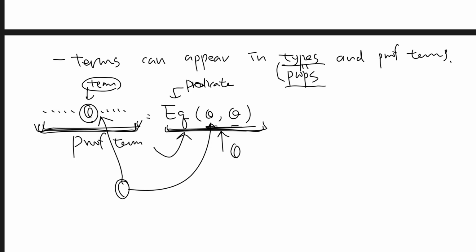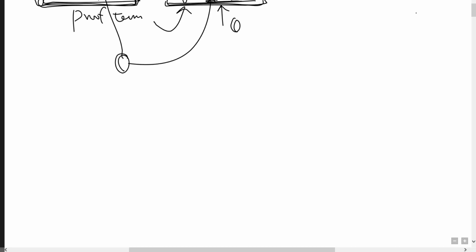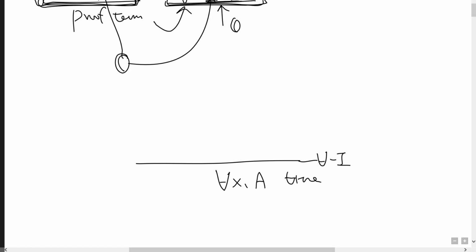Now, let's discuss the for all introduction rule and then convert it to a typing rule. So this is the for all introduction rule for all x A. We introduce a fresh parameter, and in order to prove this, we substitute a for x in A, for a fresh parameter a.